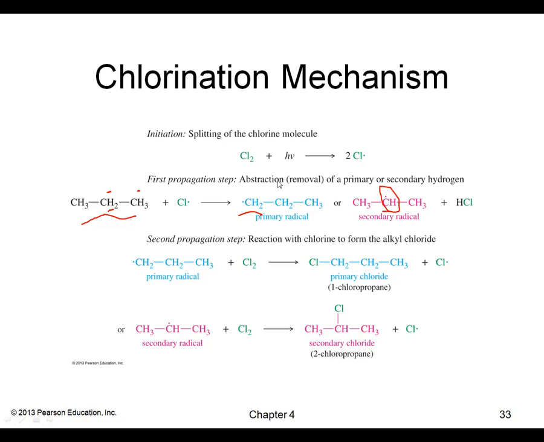In either case, the primary radical could react with chlorine in the second step of the propagation and so form this primary chloride, or the secondary radical could react to form this secondary chloride.